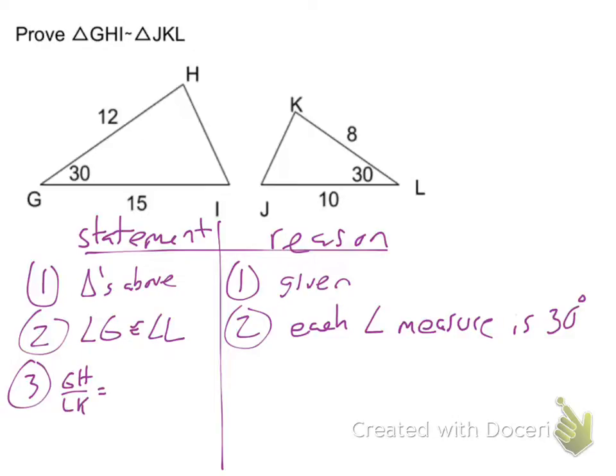Equals what? 12 to 8. And then we have GI to LJ equals 15 to 10.